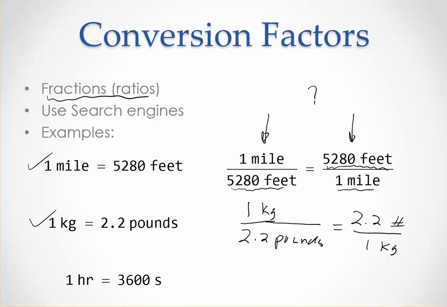Putting the 1 there is not necessary, it just helps to make sure we have our numbers. And 1 hour equals 3,600 seconds. This is used a lot in converting speeds. So this would be 1 hour per 3,600 seconds, or 3,600 seconds per 1 hour.